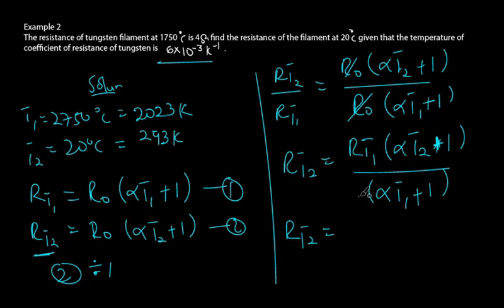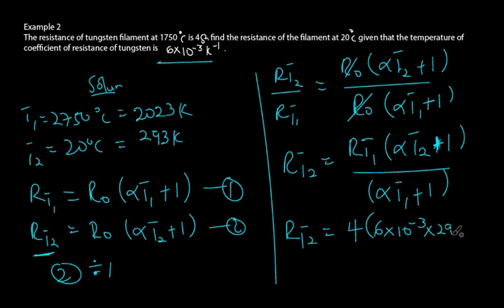From here, we can input everything we have and get our answer. The RT1 is the resistance at temperature T1, and this is given to us as the 4 ohms. So we have 4 into bracket, the alpha is 6 times 10 to the power negative 3, times the temperature T2, which is 20 degrees Celsius, or 293 Kelvin.